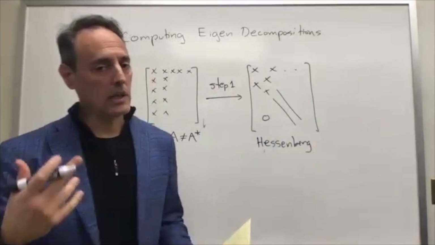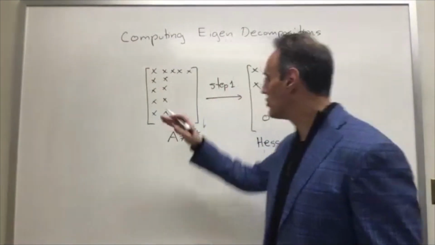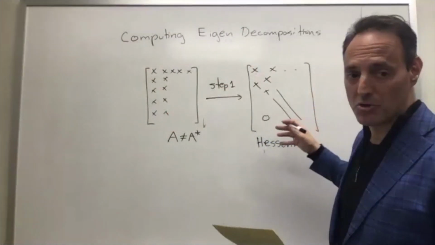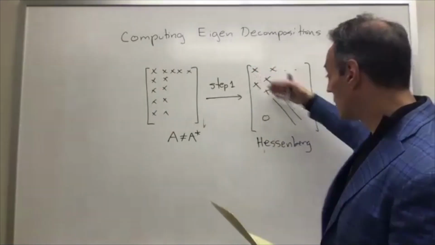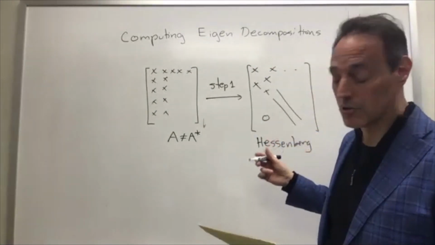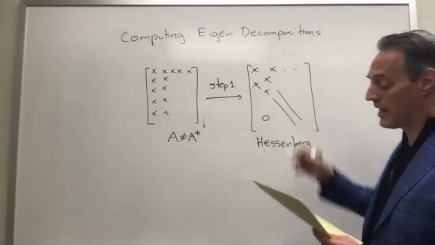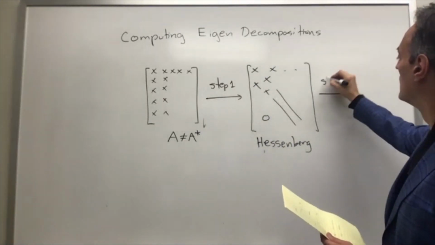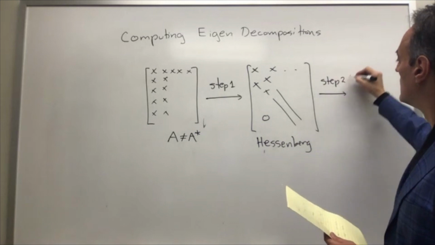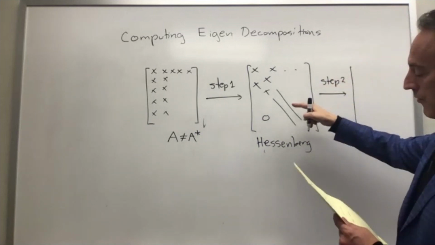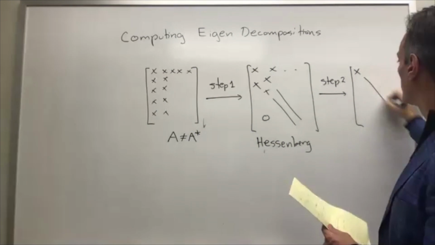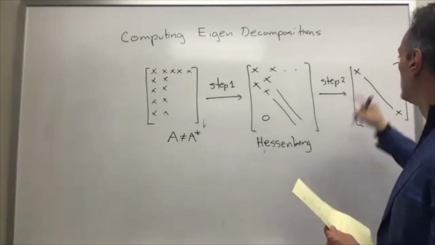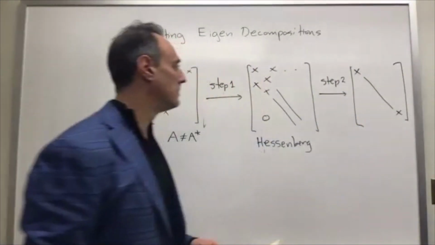So it looks a lot like LU, right? How do I go about doing this? Remember in LU, you could zero out everything and make it upper triangular and then do back substitution. But here we're going to do it in Hessenberg form. And then in step 2, once it's in this form, you want to set up an iteration procedure that basically turns that into a diagonal.